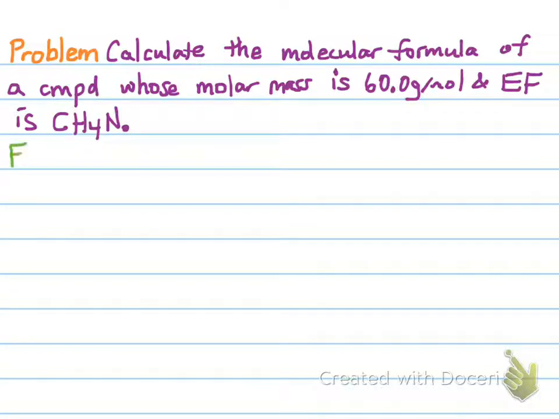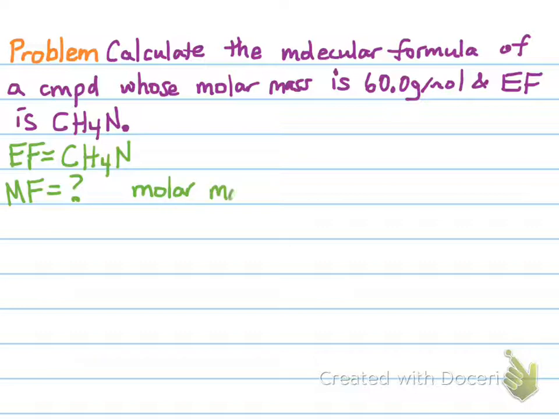So my empirical formula is given. That's the CH4N. I don't know what my molecular formula is. That's what I'm trying to figure out. But I know that the molar mass of this molecular formula is 60 grams per mole.